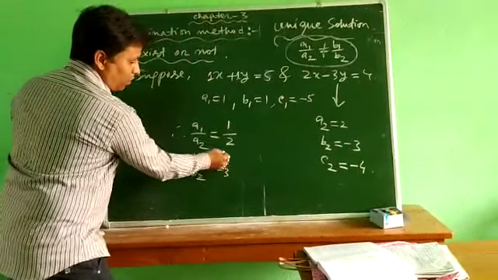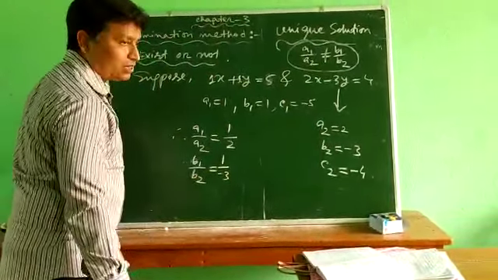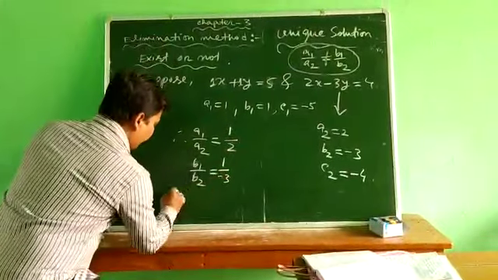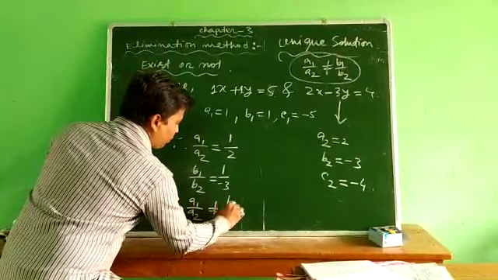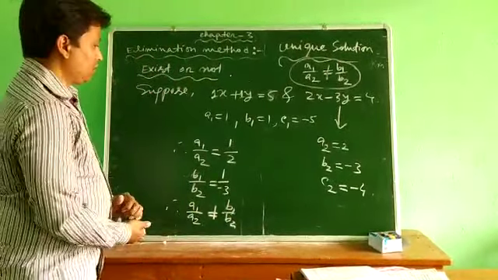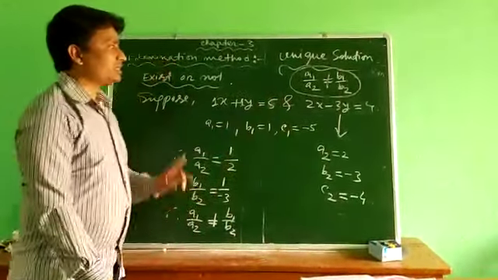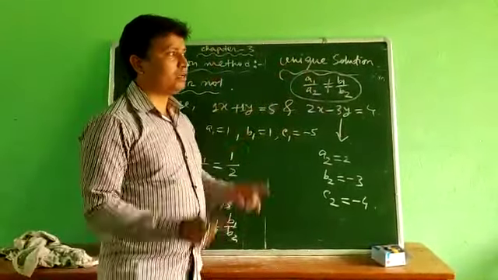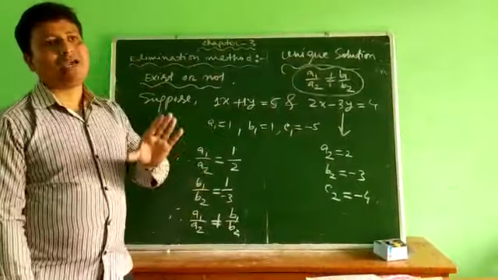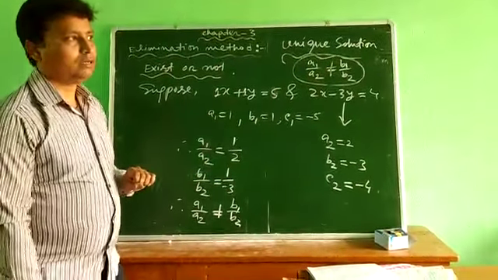So 1 by 2 is not equal to 1 by minus 3. From these two we get a1 by a2 not equal to b1 by b2. So this pair of equations satisfies the condition, so a solution exists for this pair of equations. Okay?